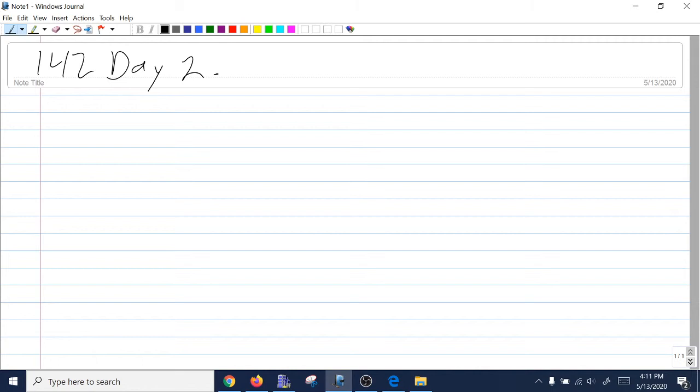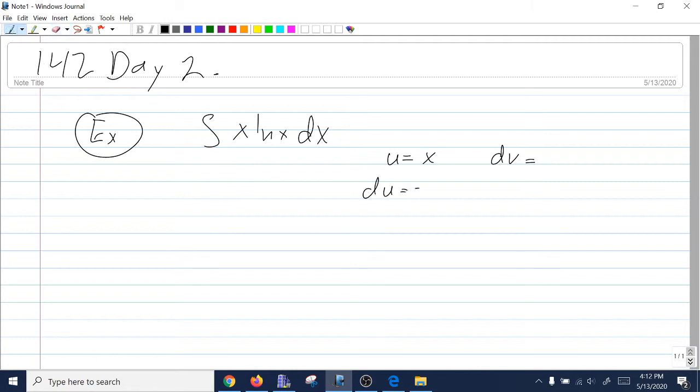So before I get into the philosophy of integrating by parts, let me do another basic example. Let's say we want to do the integral of x natural log x. We just did a bunch of examples where x is a really good choice for u. After I pick my u, my dv is automatically everything else. If u is x, then du is dx.